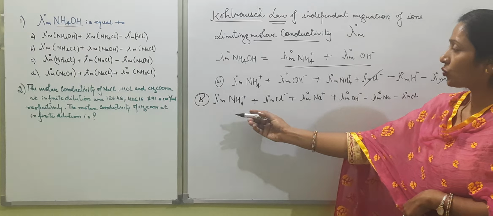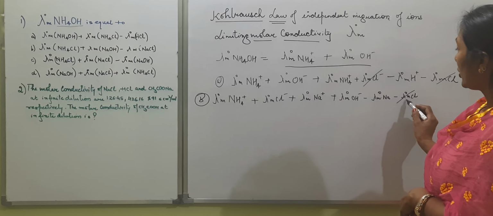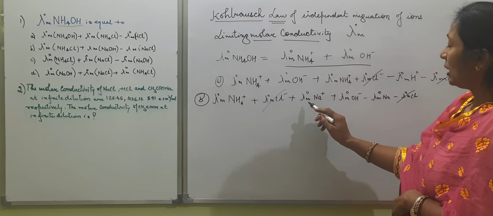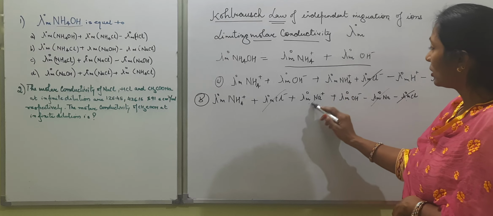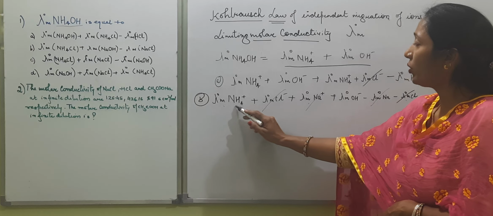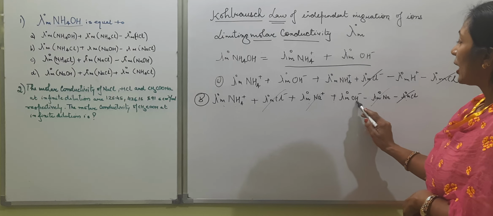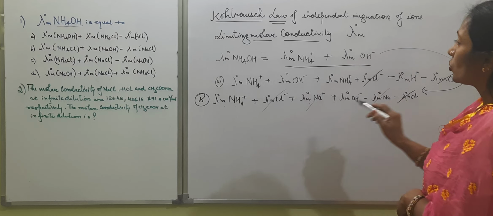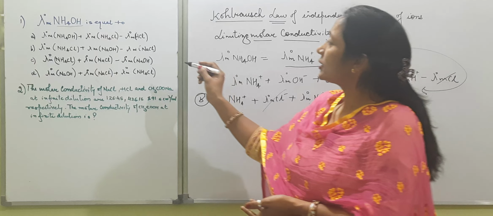Now see this one: the limiting molar conductivity of chloride ion is getting cancelled out with this one. The limiting molar conductivity of sodium ion will cancel out with this one, and here we are having the limiting molar conductivity of ammonium ion plus limiting molar conductivity of hydroxide ion, which means this is matching with this. So we don't need to go further, because we got the answer here.